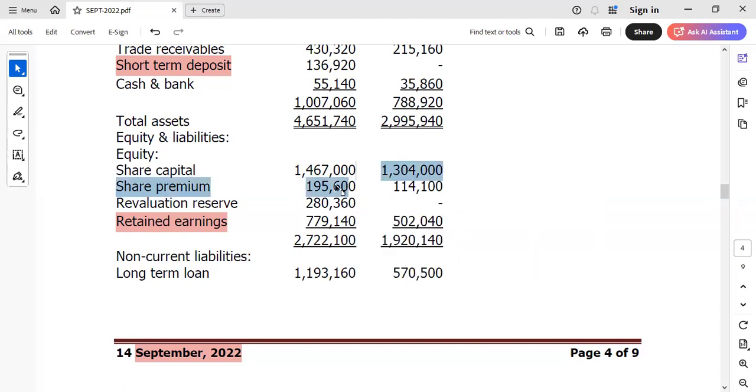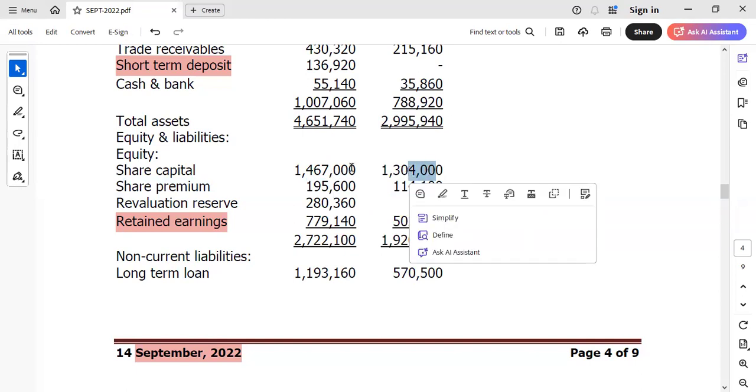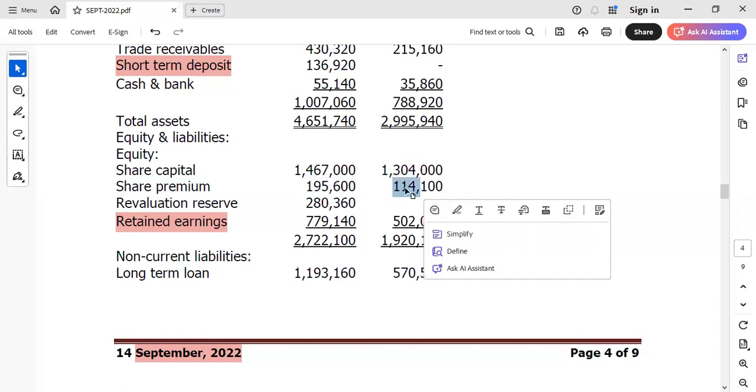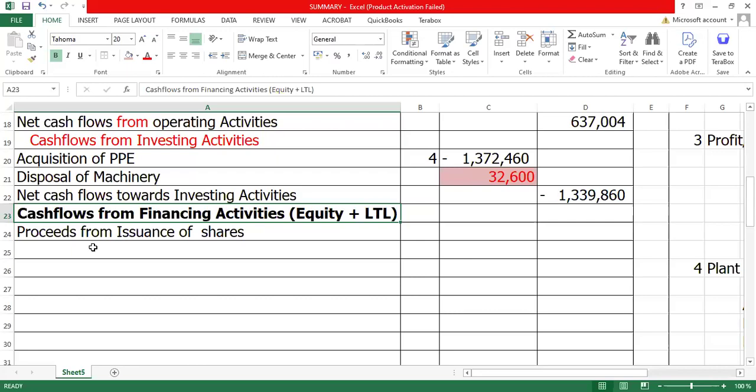So share premium has also increased, and that is cash inflow. So simply get the difference between this one and this one, and add the difference between this one and this one. Or you can look at each separately. The increase in share premium is an inflow.